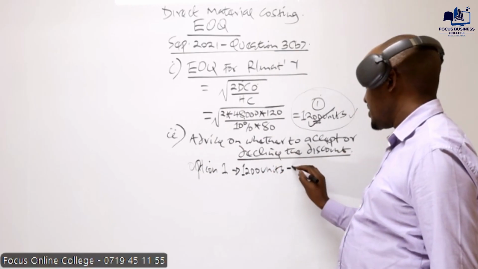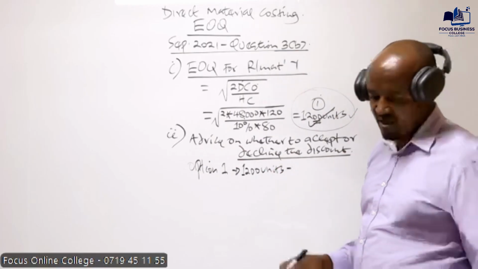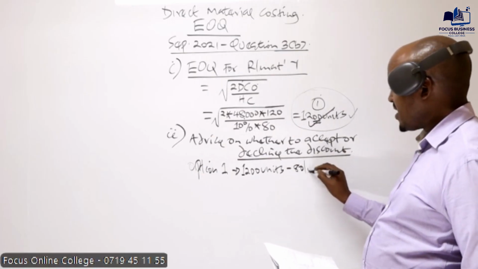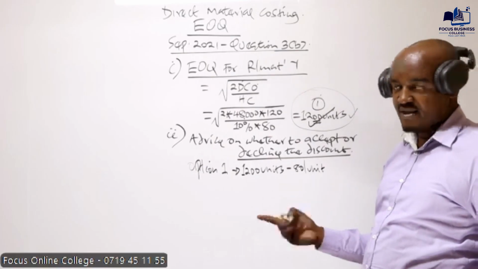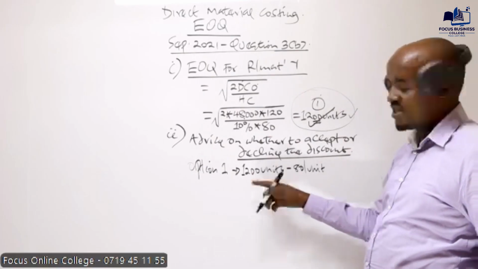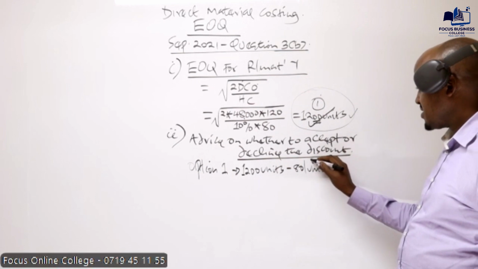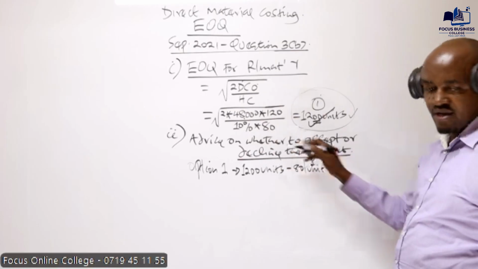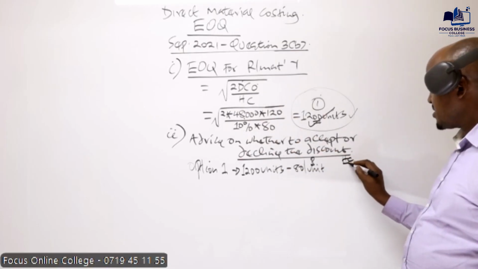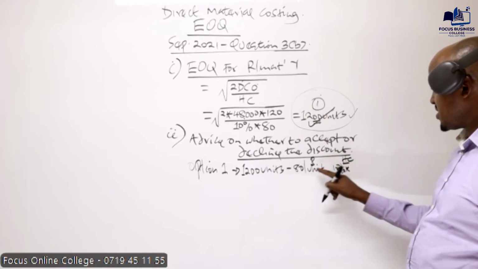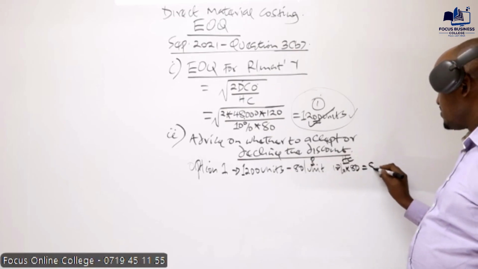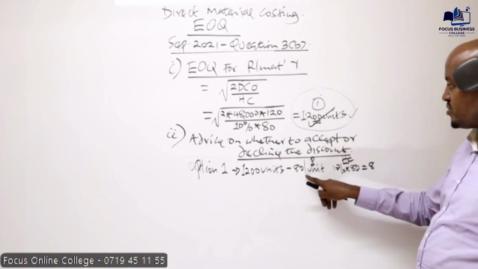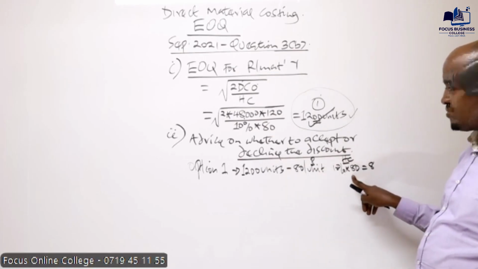The company will pay 80 shillings per unit, the normal purchase price, which is P. The holding cost per unit will be 10% of this 80, which is 8 shillings per unit. So if the company orders 1,200 units, it pays 80 shillings per unit and the holding cost is 8 bob.